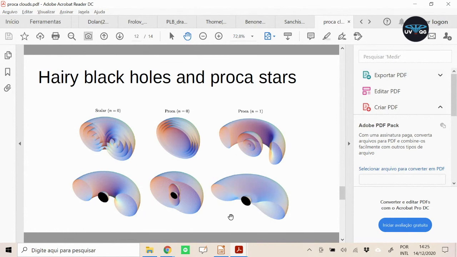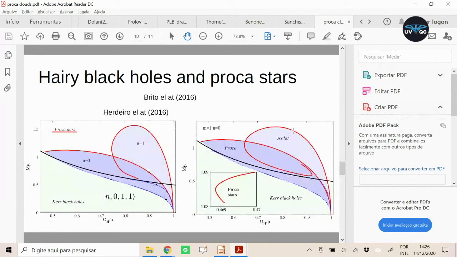Yeah, so there is a big difference between the scalar and the vector, right? Because for the vector in the ground state, the cloud can be spherical or more or less oblate, while for the scalar it is toroidal, right? Okay, and how much mass can you concentrate in those clouds? Are they small compared to the black hole? Are they perturbations?